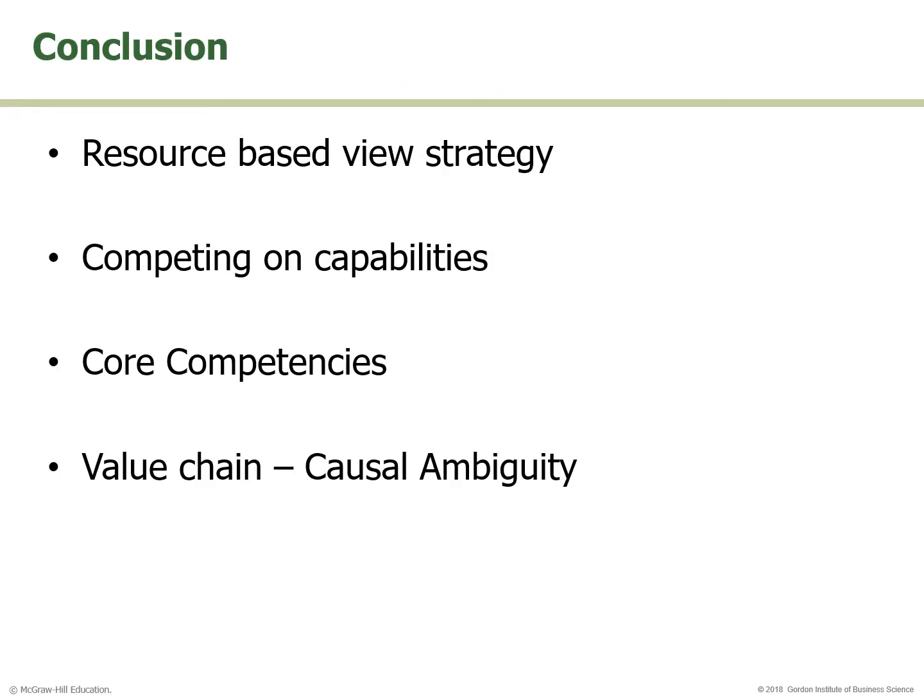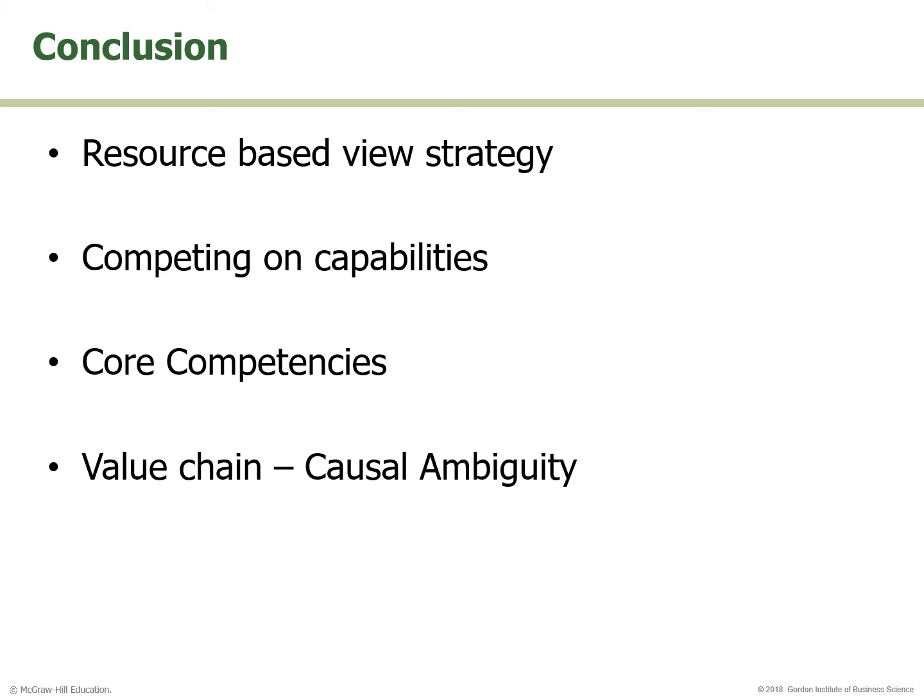In conclusion, this session was all about the resource-based view of strategy, which argues that any company, to be competitive or build a superior competitive advantage, needs capabilities or core competencies.